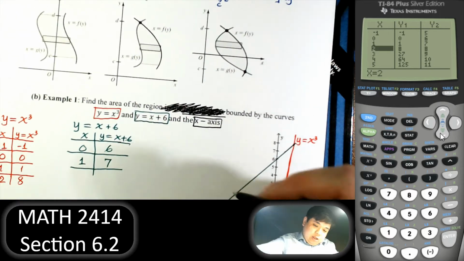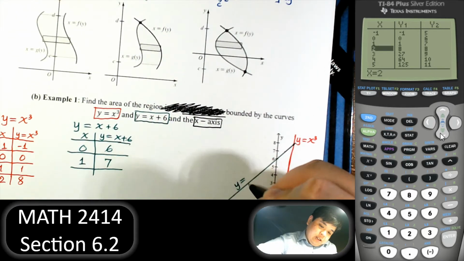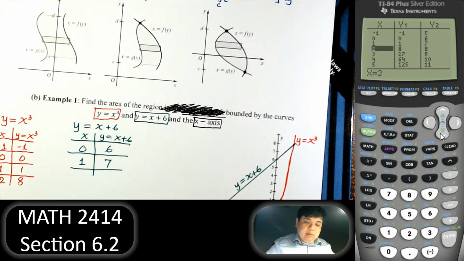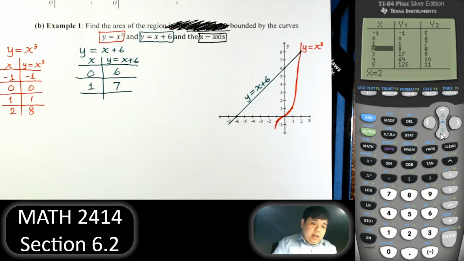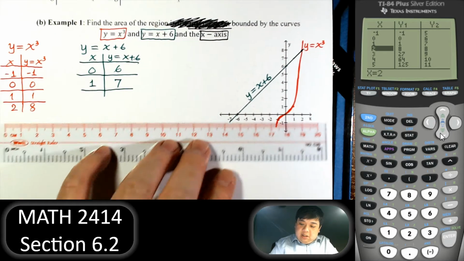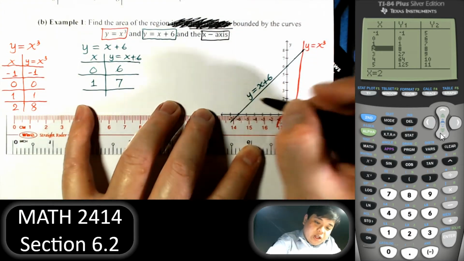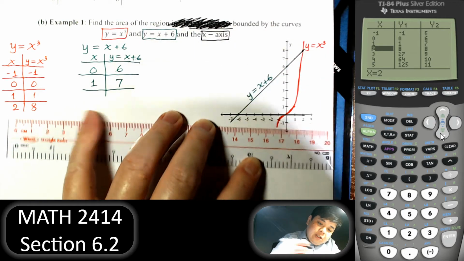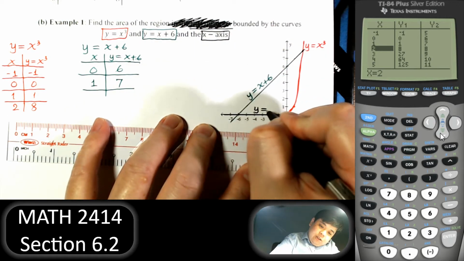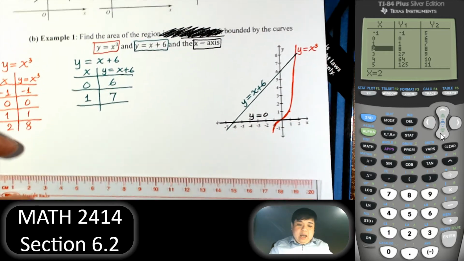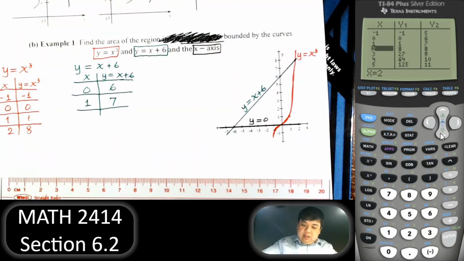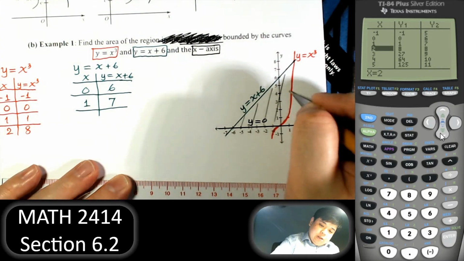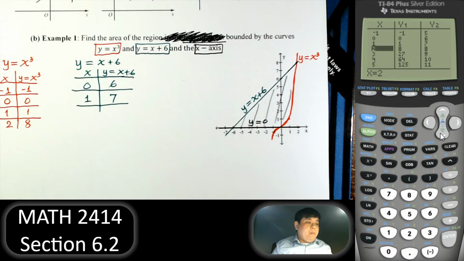So this is y equal to x plus 6. Right, and then the x-axis, which is y equal to 0. So we have three functions, and we're talking about the area here. Yeah, sorry, it should not be that first quadrant.